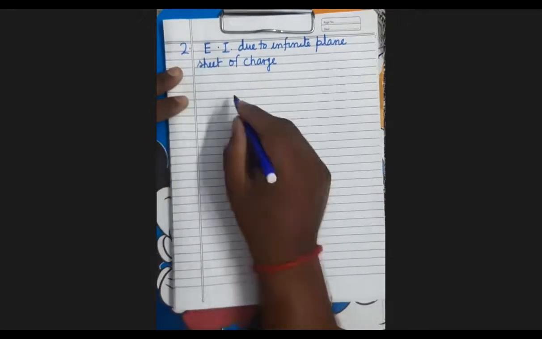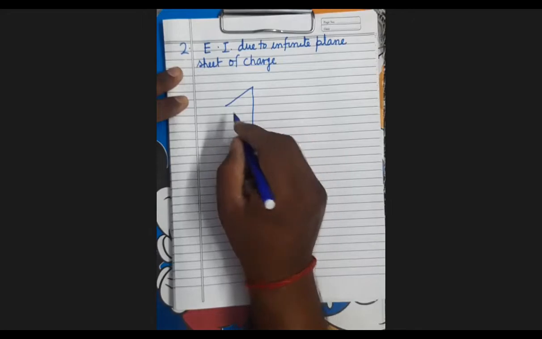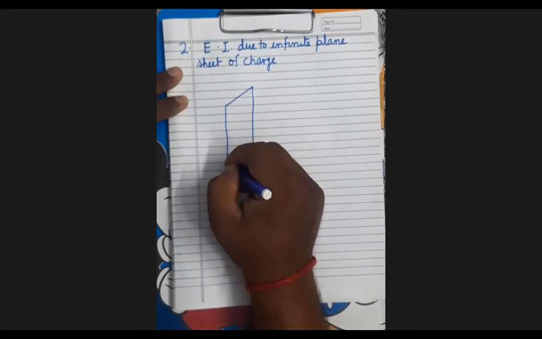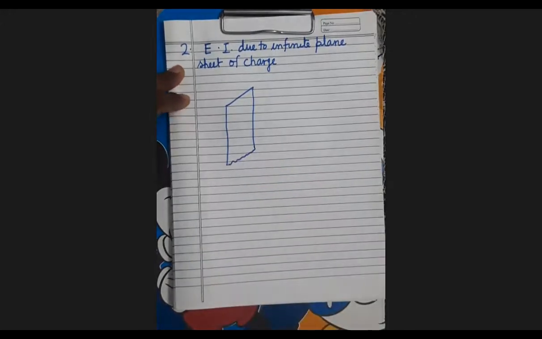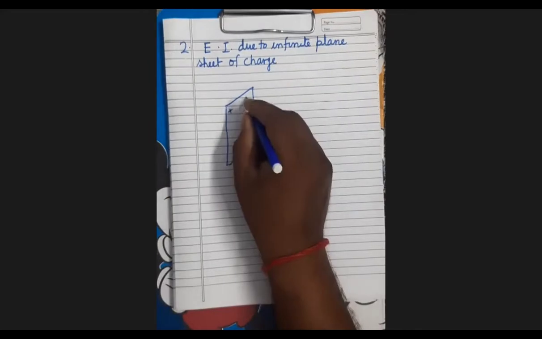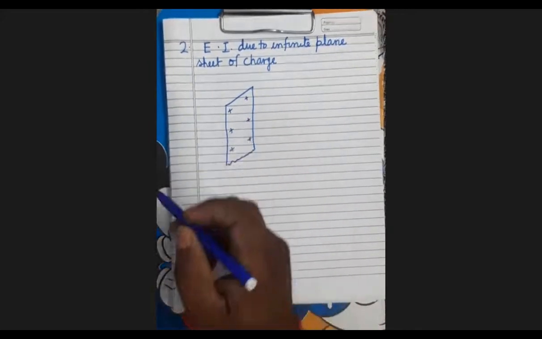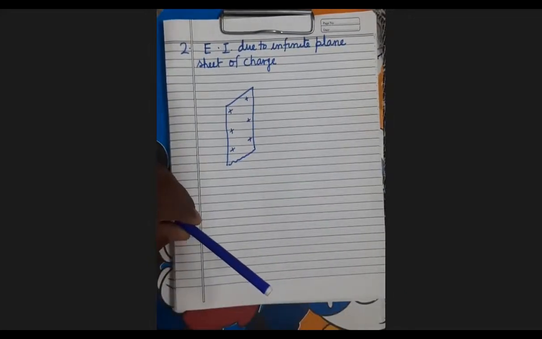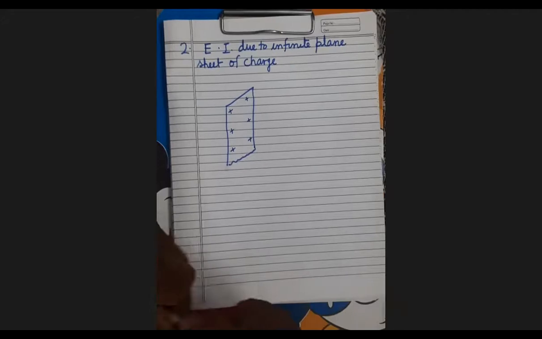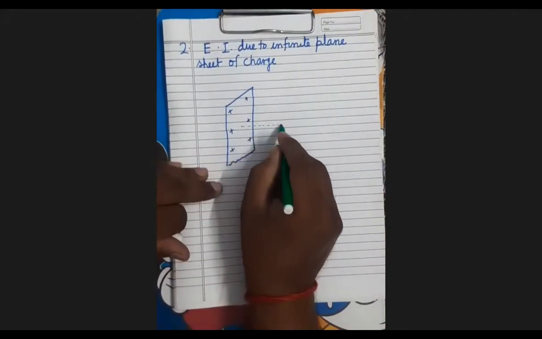This is an infinitely large plane sheet of charge, and suppose it is positively charged. We have to determine the electric intensity because of it at any point, at a distance x from it.